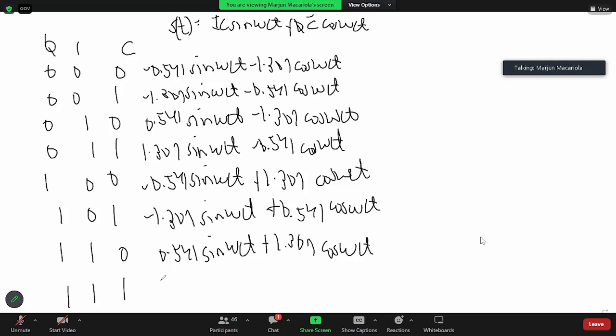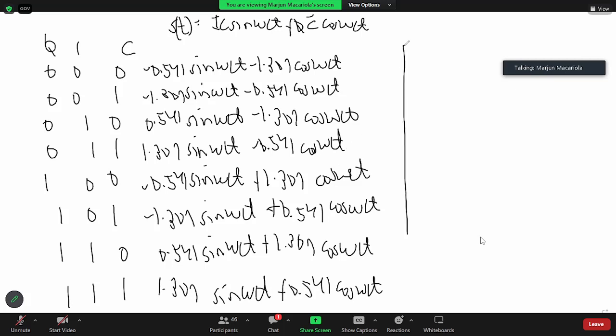And lastly, positive 1.307 sine omega c t plus 0.541 cosine omega c t. Okay? Then, ang magnitude niyan lahat ay 1.414 hanggang baba.